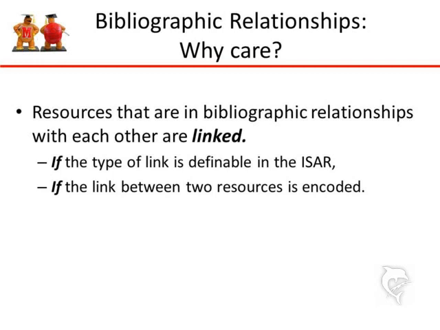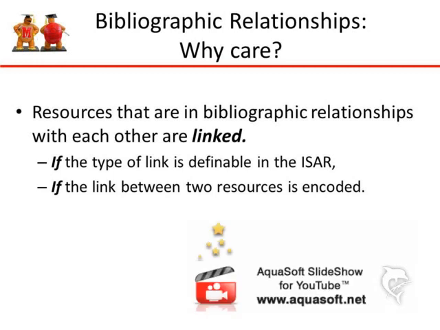So it depends on the kind of technology that you're using. And then if the technology is available, it's not doing any good unless you meet that second little benchmark there that says if the link between the two resources is encoded. So you have to create a relationship in the system that describes the bibliographic relationship that you're talking about. And then you have to say that two or more books participate in that relationship. And all of a sudden you have a much richer description of the information universe.